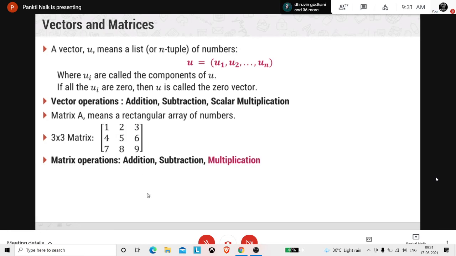You can perform addition, subtraction, and multiplication on the matrix. Now, a zero matrix means your matrix has all zero entries, then it is known as a zero matrix.